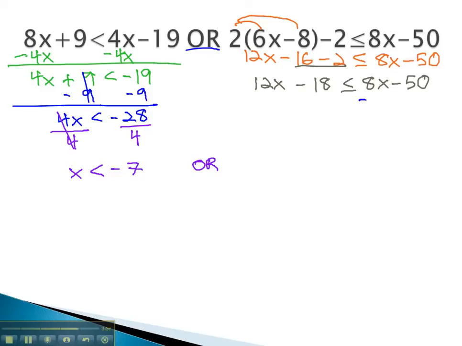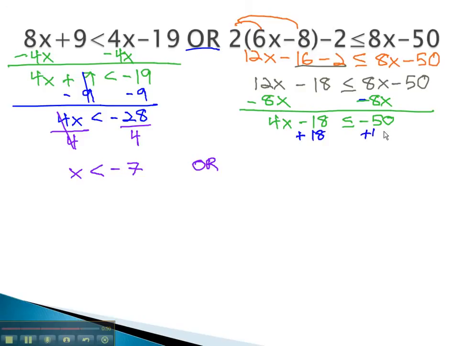Move the variable to the same side by subtracting 8x, which gives us 4x minus 18 is less than or equal to negative 50. Adding 18 gives us 4x is less than or equal to negative 32. And dividing both sides by 4, we find x is less than or equal to negative 8.